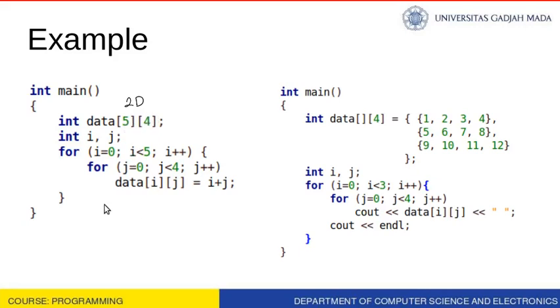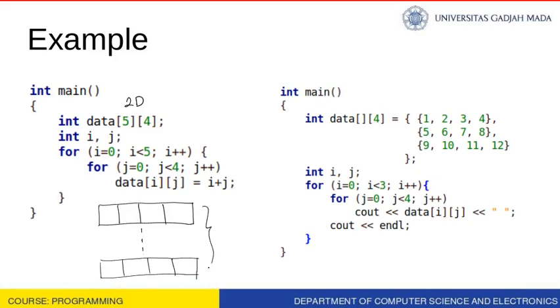So we will have 4 memory spaces, and then it will be 5 times.